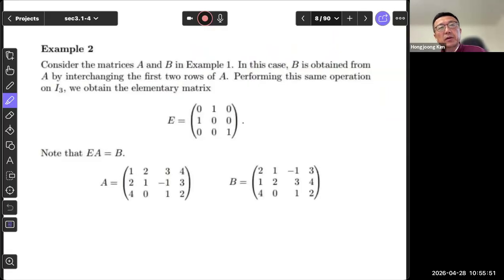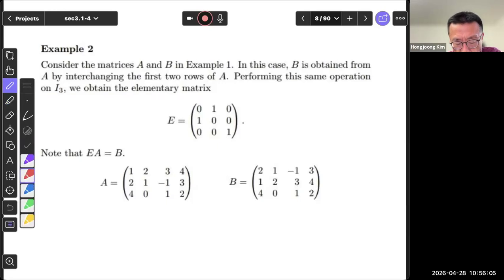So here is another example. Given A matrix, as I said, B is obtained from A by interchanging the first two rows of A. So B can be obtained directly from A by interchanging two rows in A matrix. Then you get B matrix.